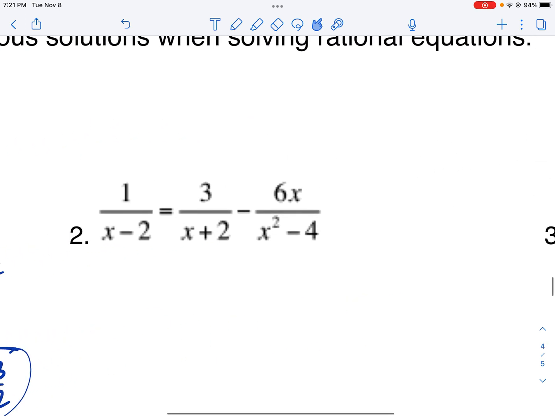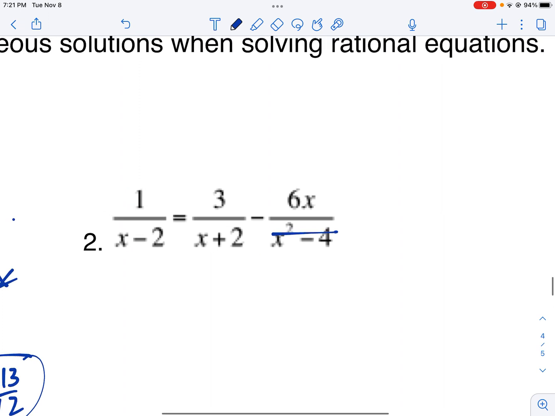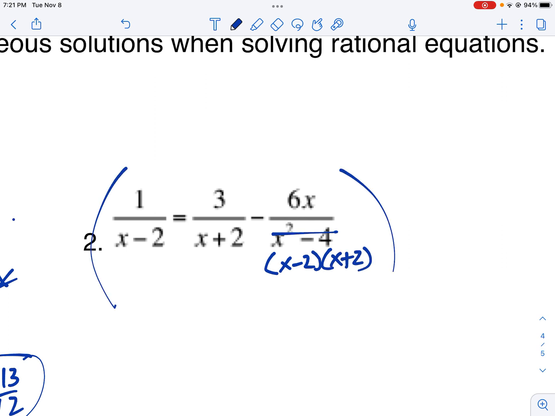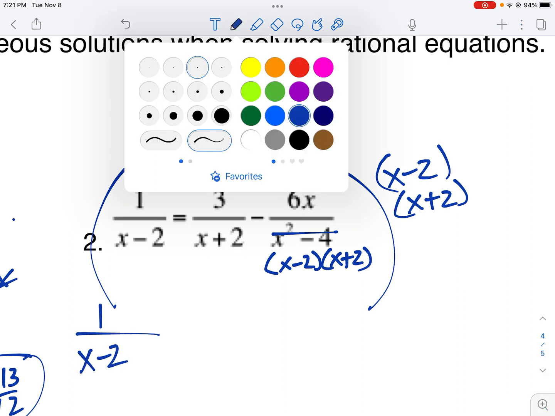So the second one, we got to factor first. So this is difference of squares. So we have x minus 2 and x plus 2. So if we were to fraction bust this, we've got x minus 2 and x plus 2. So this is 1 over x minus 2.